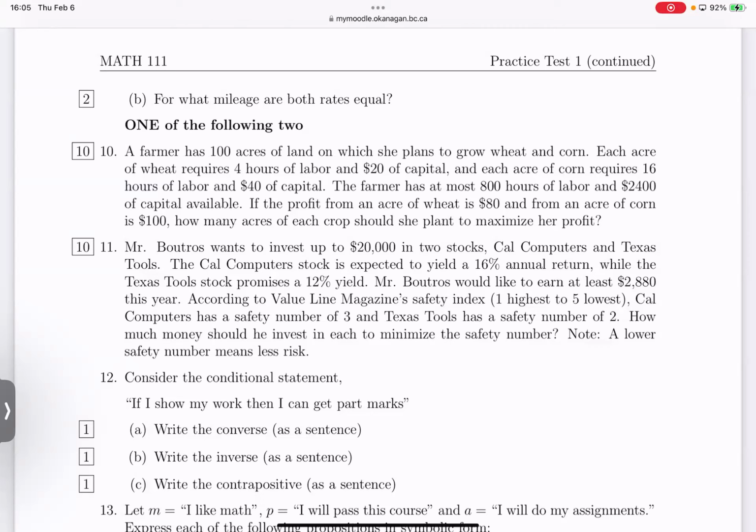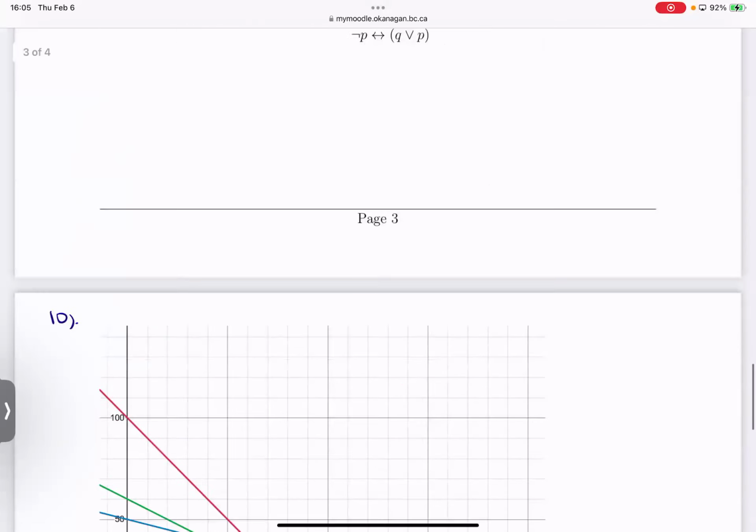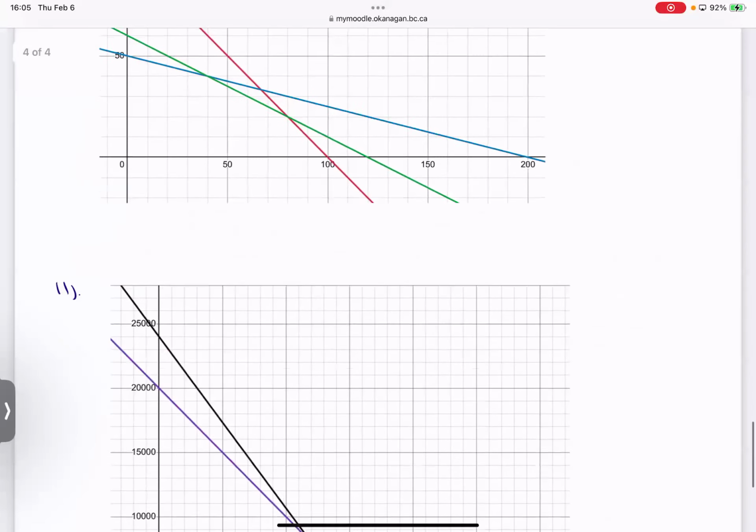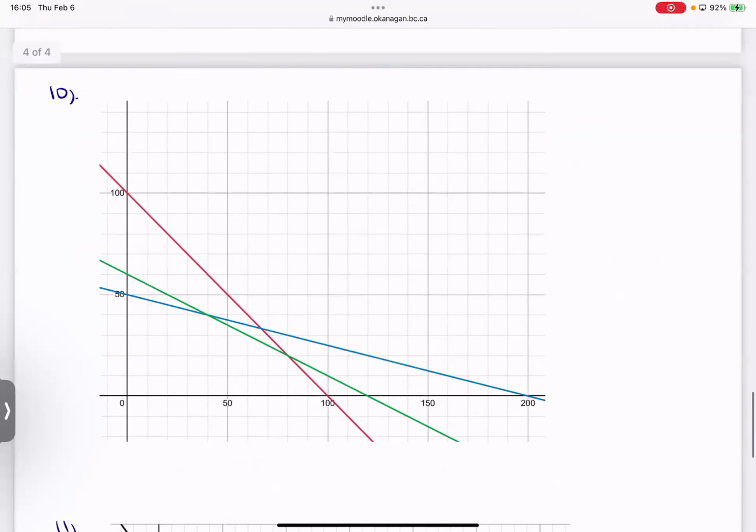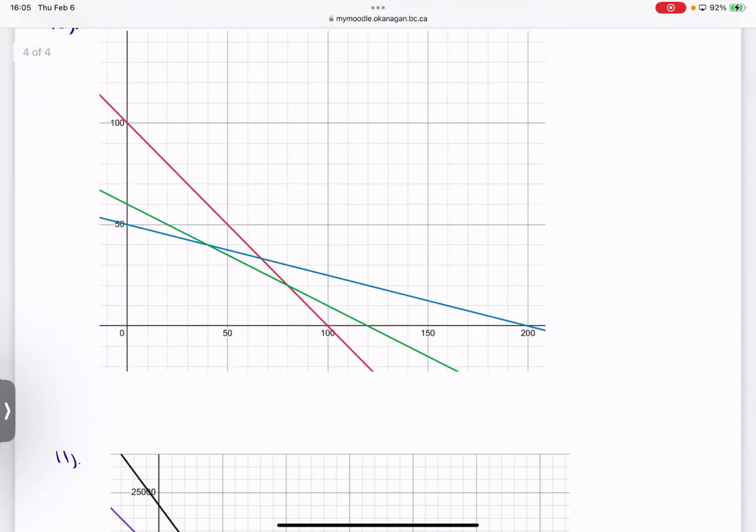The only thing I wanted to do was, for the linear programming, the maximization and the minimization, give you two options. It'll just be one of those two options. And then on the last page, it was an afterthought, just as it looks, but I was going to give you the graphs.